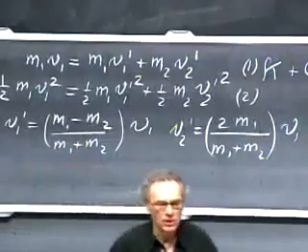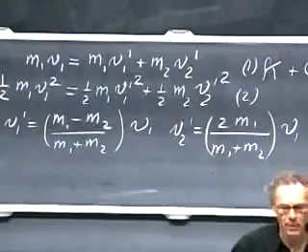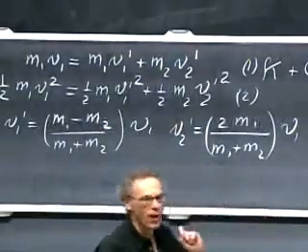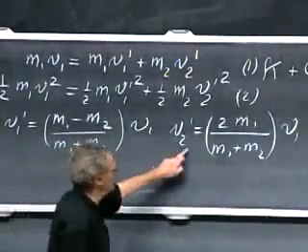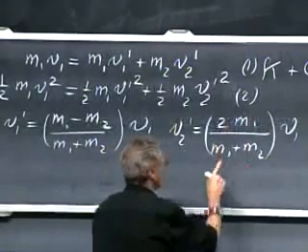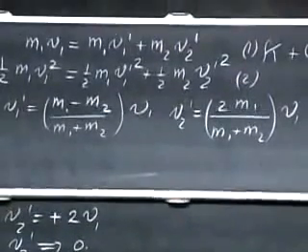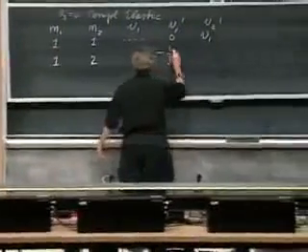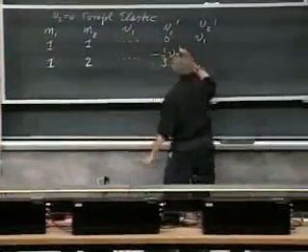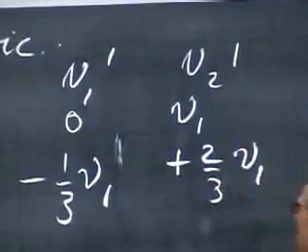If you bounce a lighter object off a more massive object, no surprise that it bounces back. So that's minus 1/3. And when we look here, we have 2 times 1 divided by 1 plus 2 is 3. That is plus 2/3. So number 1 will come back with a speed 1/3, which of course, since this is sign sensitive, we get minus 1/3 v1, and this one is plus 2/3 v1.